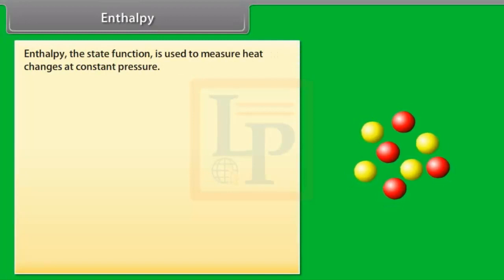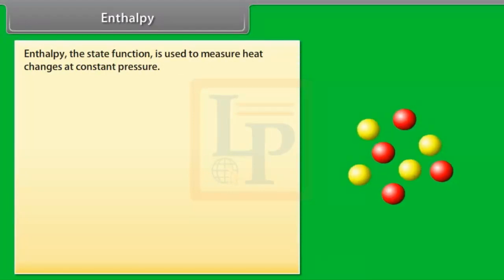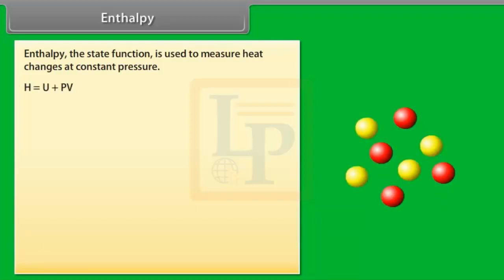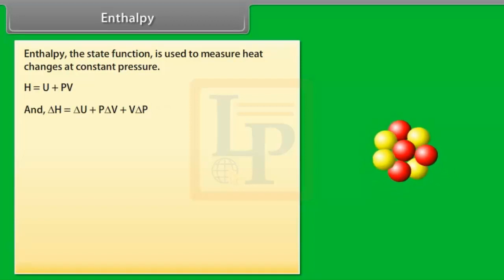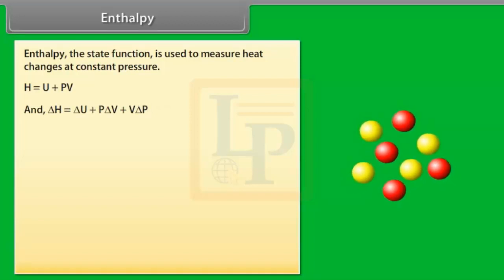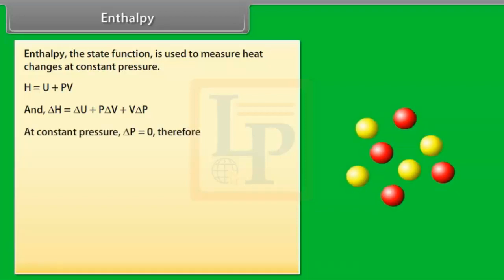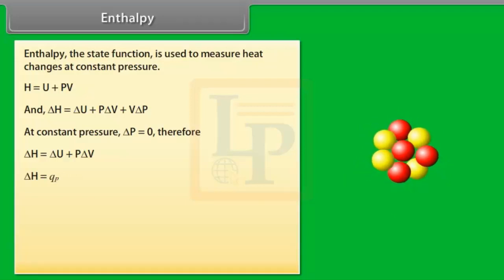Enthalpy. Enthalpy, the state function, is used to measure heat changes at constant pressure. H equals U plus PV, and delta H equals delta U plus P delta V plus V delta P. At constant pressure, delta P equals 0, therefore delta H equals delta U plus P delta V. This equation can be written as delta H equals QP.